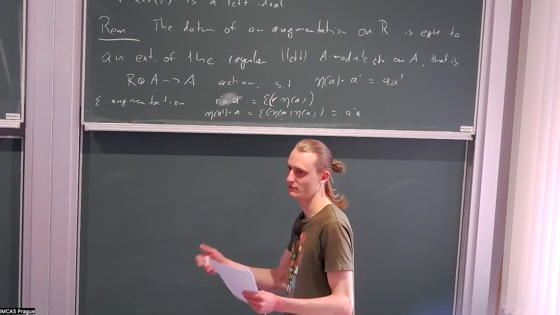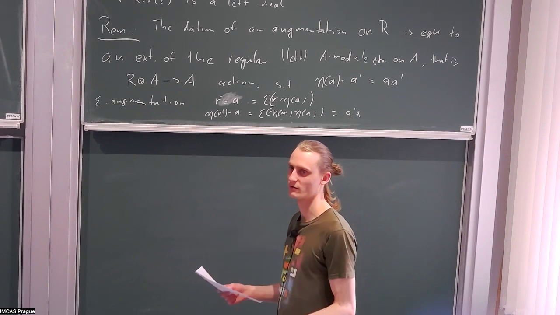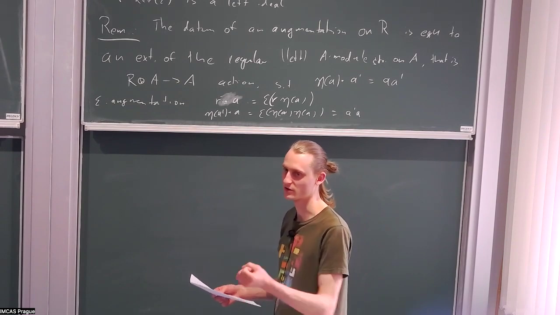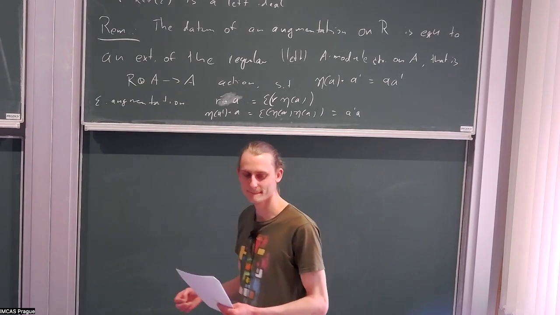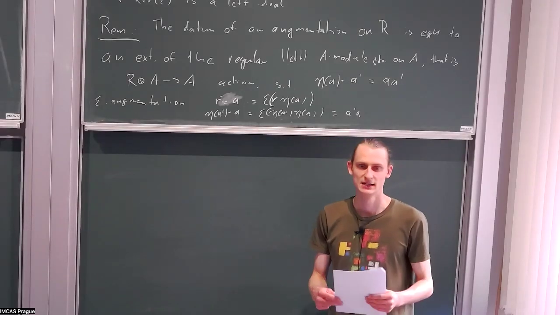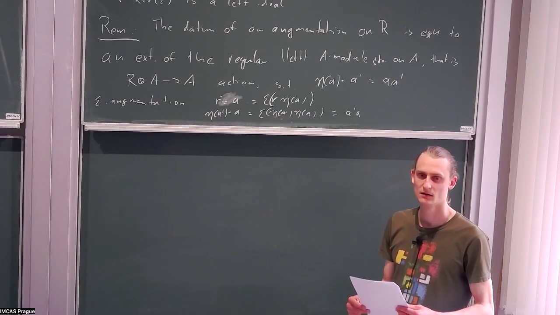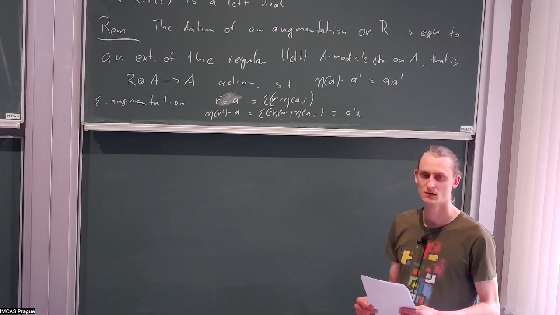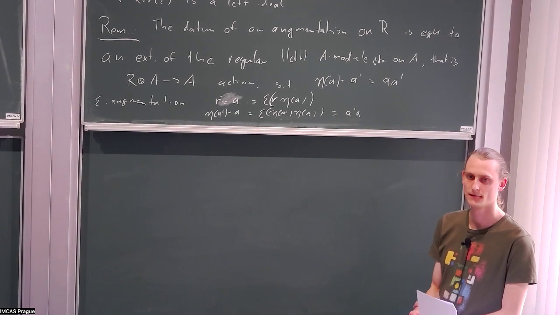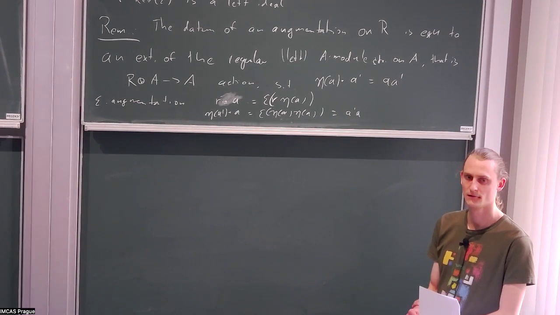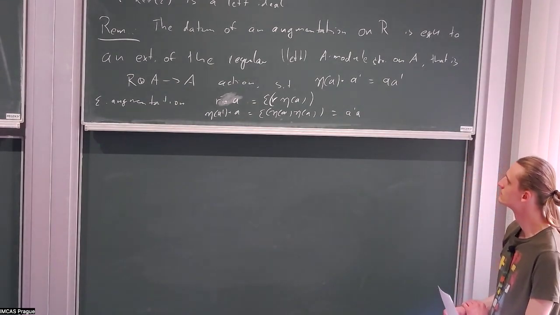Maybe naively you would guess you want to define a counit for a Hopf algebroid or bialgebroid as an algebra morphism, but this is not the correct thing to do. So a small correction: epsilon is left A-linear, but not right A-linear. Being left linear is this description that acting on A on the left is equal to the multiplication.